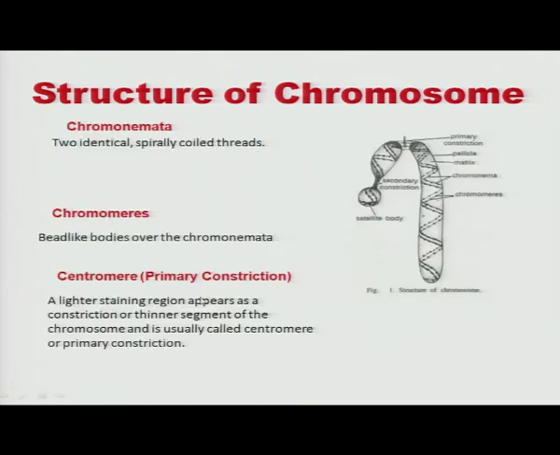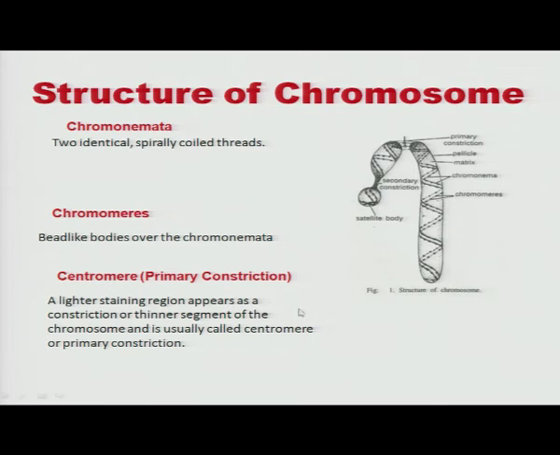Next to this, the thread-like structure in the chromosome is considered as chromonemata. Chromonemata are two identical spirally coiled threads, and on this chromonemata you can find bead-like structures, and these bead-like structures are called chromomeres.